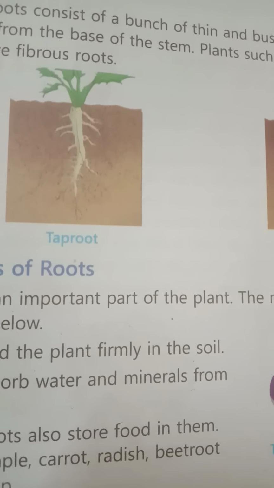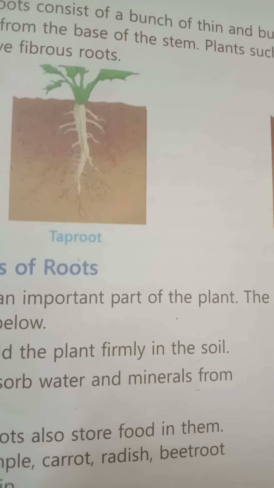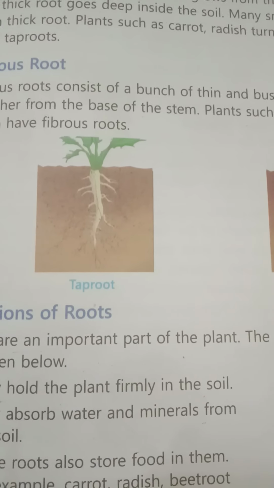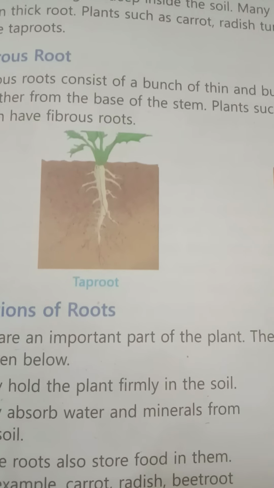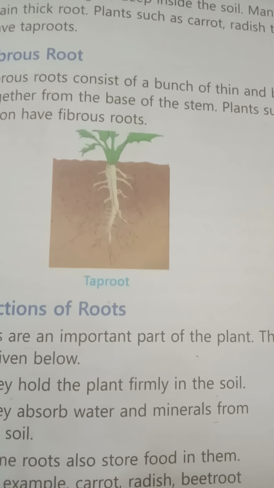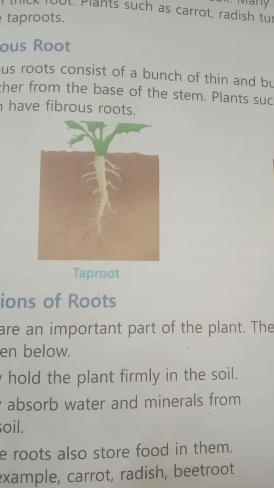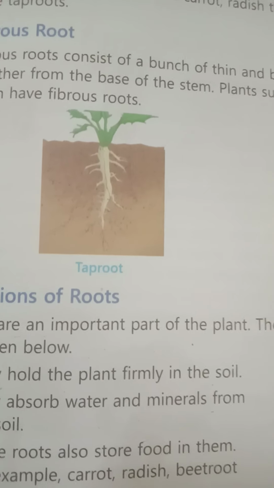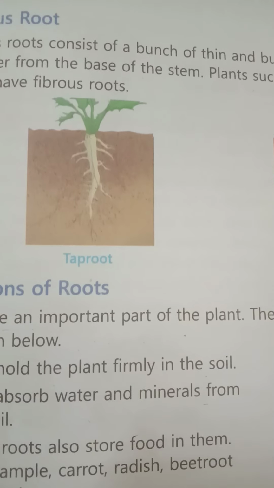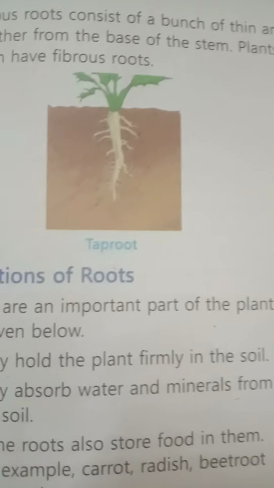Roots prevent the plant from falling. Student, roots bind the soil and prevent it from being washed away by the flow of water and wind, thus helping in preventing soil erosion effectively.